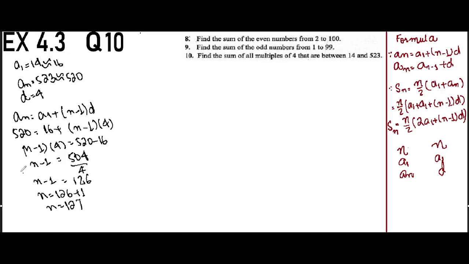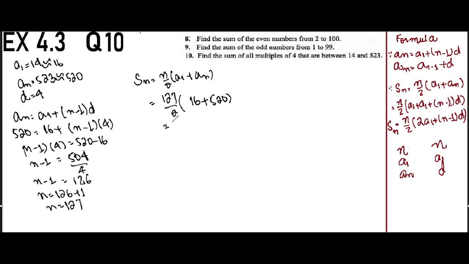Now we have the value of n, we have d, we have an, we have a1. We can use any of these two formulas because we have all of these required values. So we are going to use the first one. Sn is equal to n by 2 into a1 plus an, which is n is 127 by 2 into a1 is 16 plus an is 520.